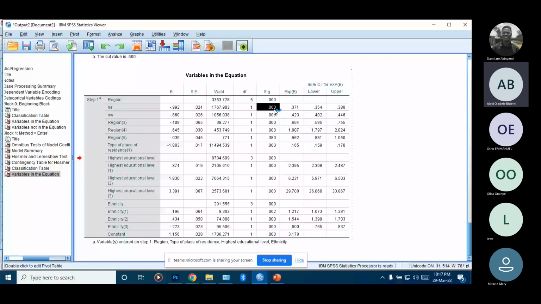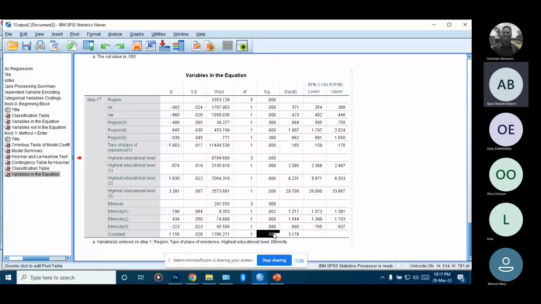So for this particular category for the variable region, it is significant. This one is also significant. Now this one is not significant. This one is not significant, and other ones are significant to the model. This is our constant, I mean the beta naught, while other ones, beta 1, beta 2, are there.